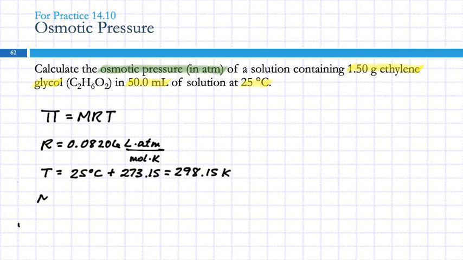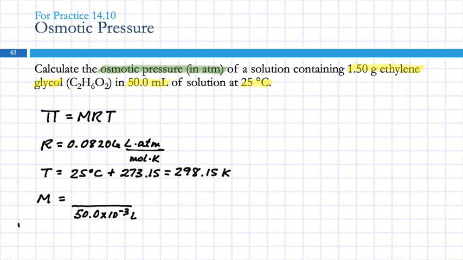And then we need to calculate the molarity. So we need moles of ethylene glycol divided by liters of solution. We have the solution volume in milliliters. Instead of writing milli, I'm going to write what milli stands for, which is 10 to the minus 3.